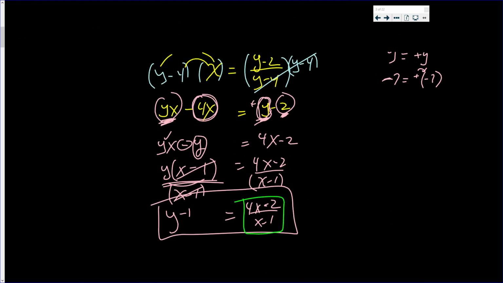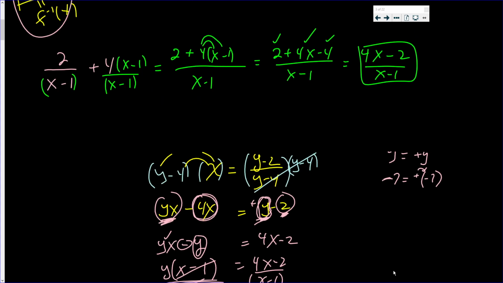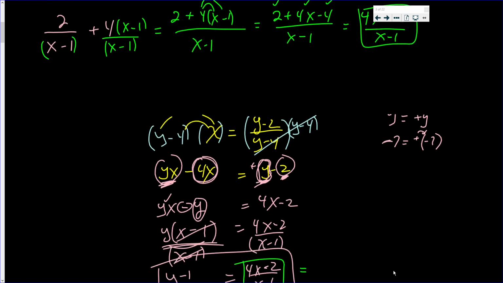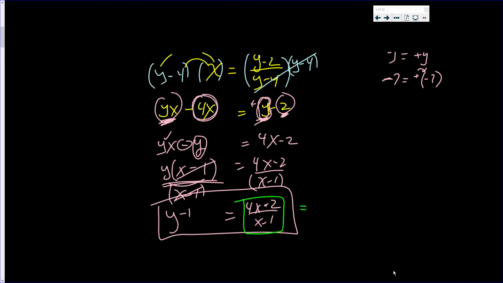Now, how can you get the bottom to look like the top? So I can factor out a 4, and I get x minus a half, because half of 4 is 2.